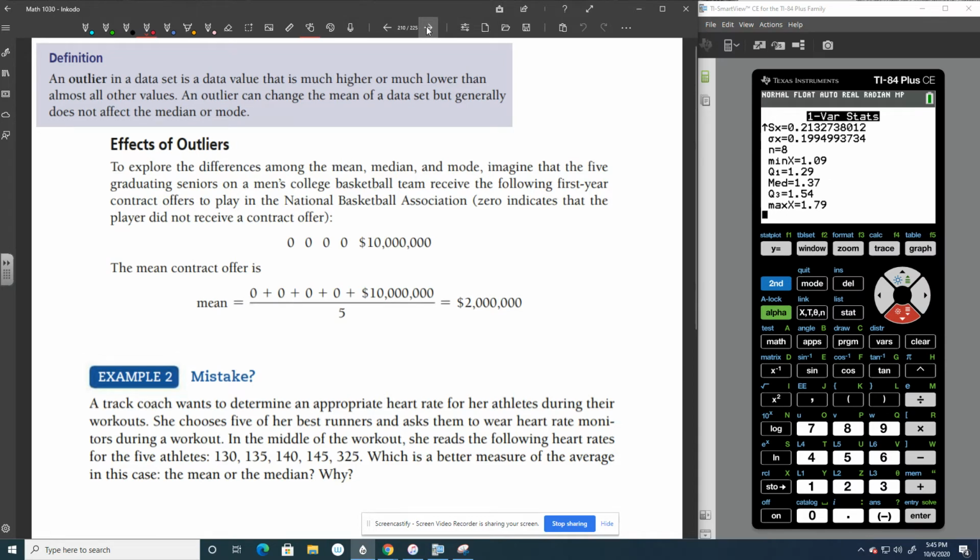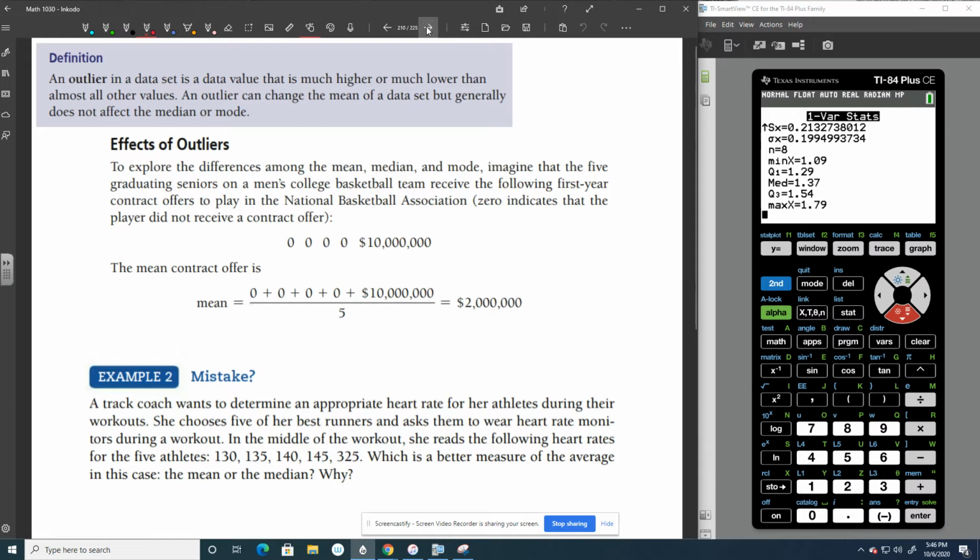Now, what happens with these outliers is it can really skew the data that we're looking at. So the book gives us this example: for whatever reason, they wanted to know the average contract offer for a college basketball team.